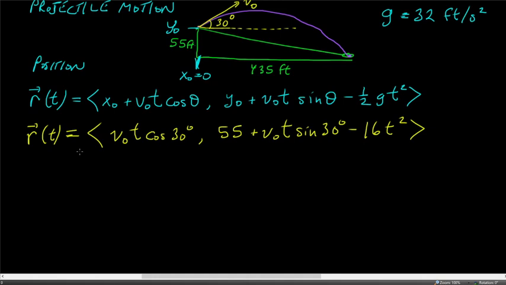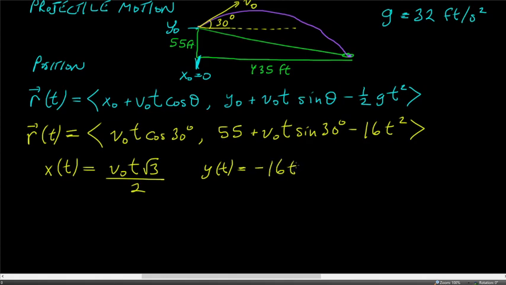Right? And, you know, we can split this up into the components. The x component is just v0 times t times the cosine of 30 degrees. Well, all right, so cosine of 30 degrees is the square root of 3 over 2. And then the y component will be, let's put the negative 16t squared first, plus v0 times t times the sine of 30 degrees.